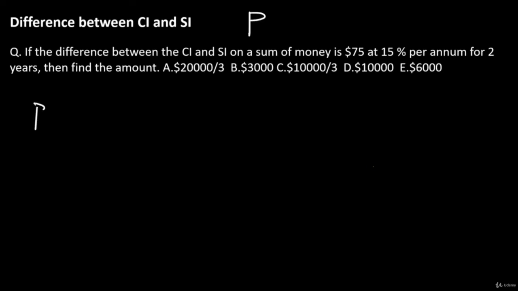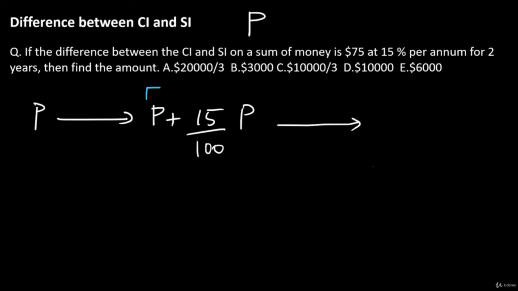All right. Now what will happen to P in the case of simple interest or compound interest? In 1 year, P will change to P plus 15 by 100 into P. Right. Now in the case of compound interest, for the second year, we will be applying 15% interest on this amount, right? We have seen that many times, right?